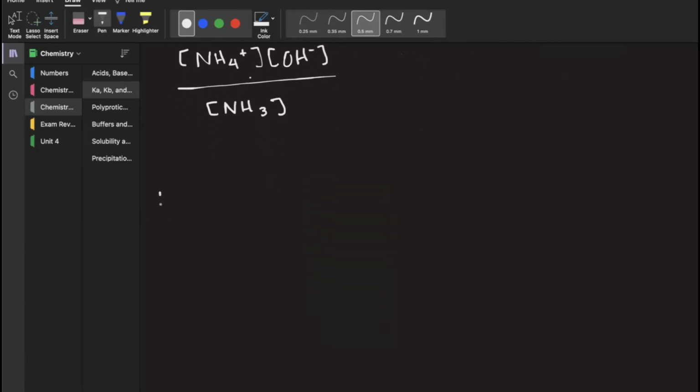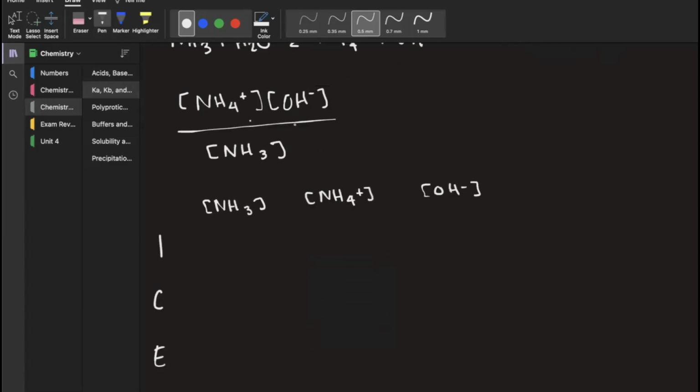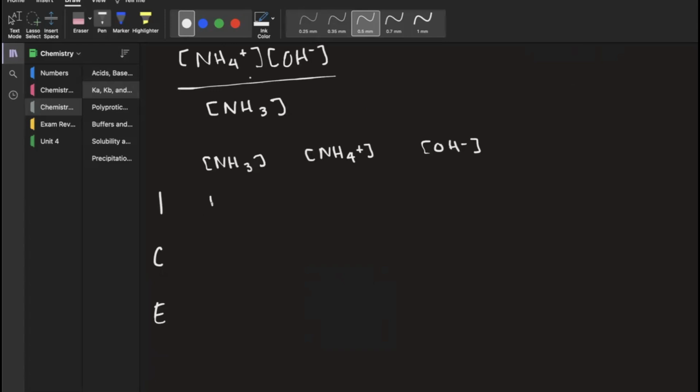Next, write our ice chart table. Now we know that we have an initial of 15 molar and 0 for our products.